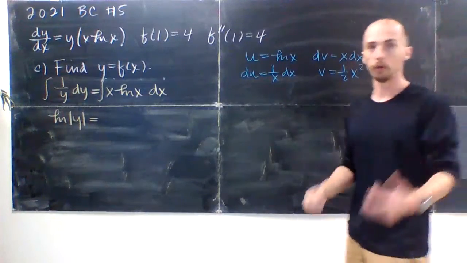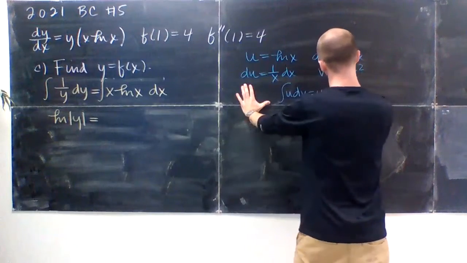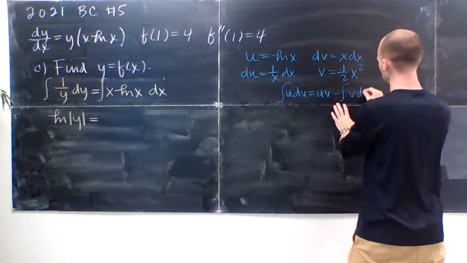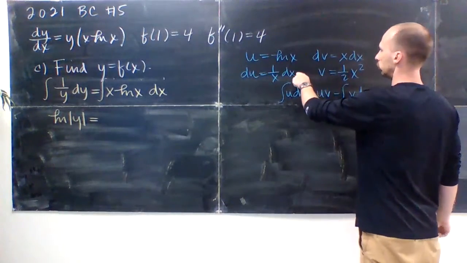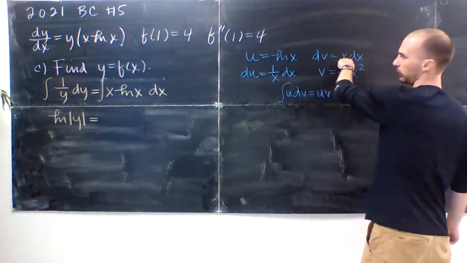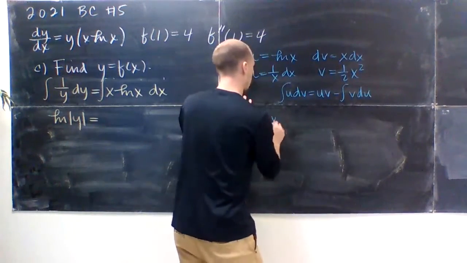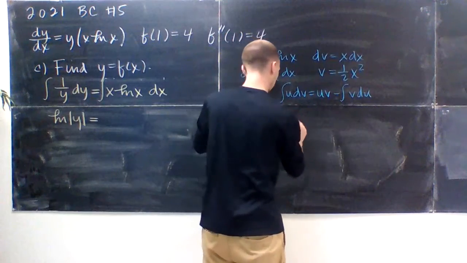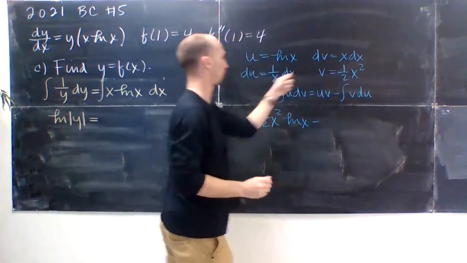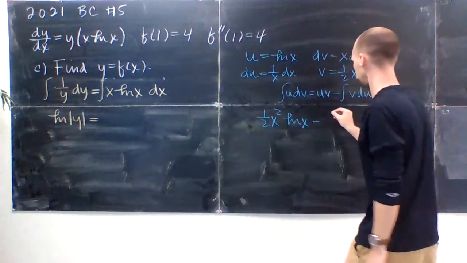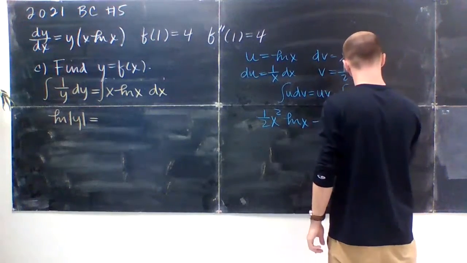And you know that the integral of u dv is u times v minus the integral of v du. So the integral of log x times x dx is going to be 1/2 x squared log of x minus the integral of v du, which would be 1/2 of x squared divided by x. So 1/2 x to the first.